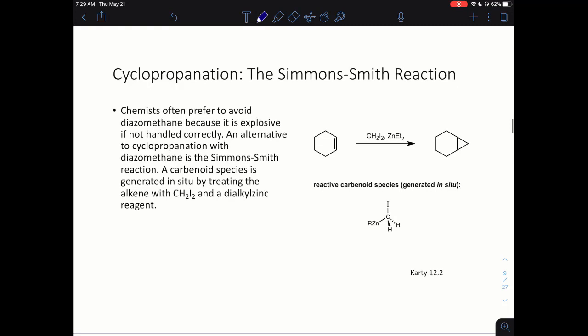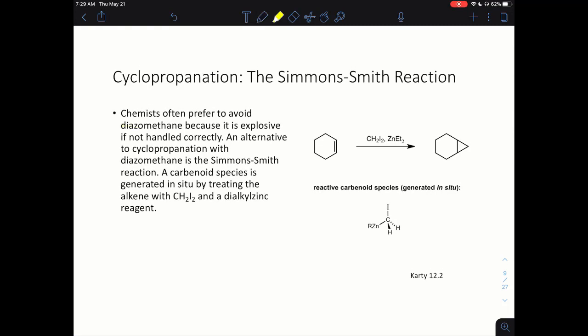Now, chemists actually like to avoid using diazomethane because it is explosive if not handled correctly. An alternative to cyclopropanation with diazomethane: we just looked at the same alkene, but we used diazomethane and light to facilitate formation of the carbene. We saw the cyclopropane. That same product can be made with a set of reagents called the Simmons-Smith reagent.